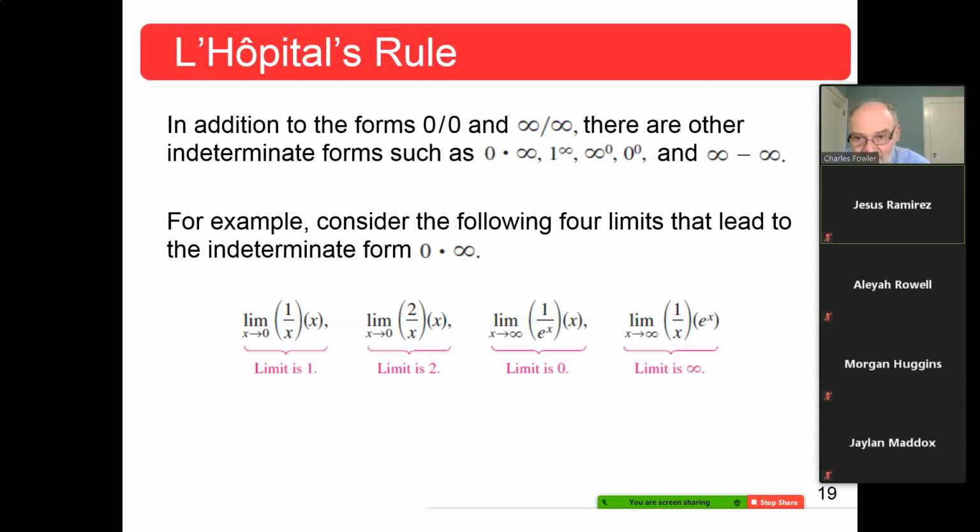So let's consider the following 4 limits that lead to the indeterminate form 0 times infinity. Who wins here? So this is the limit as x goes to 0 of 1 over x times x. It doesn't take much to see.